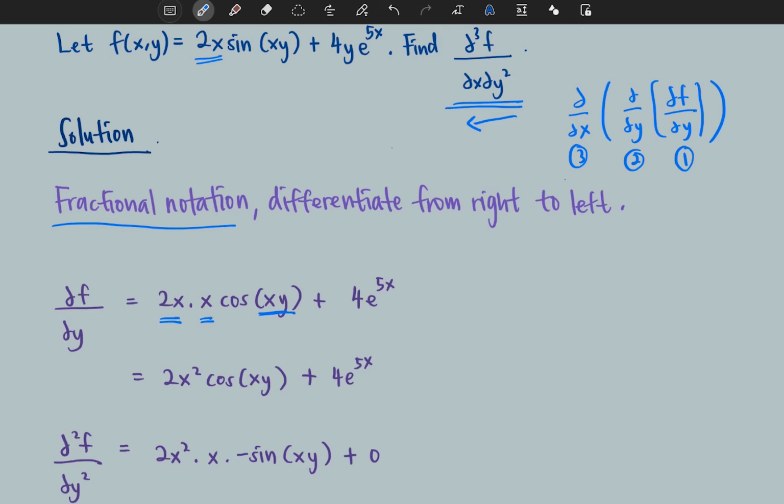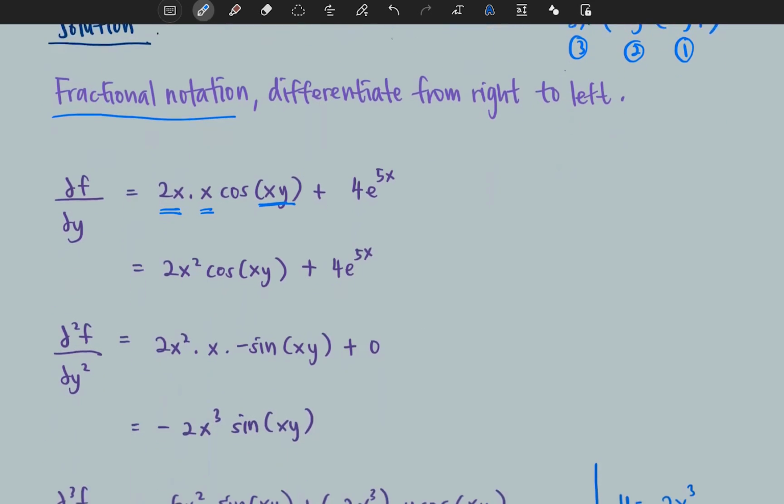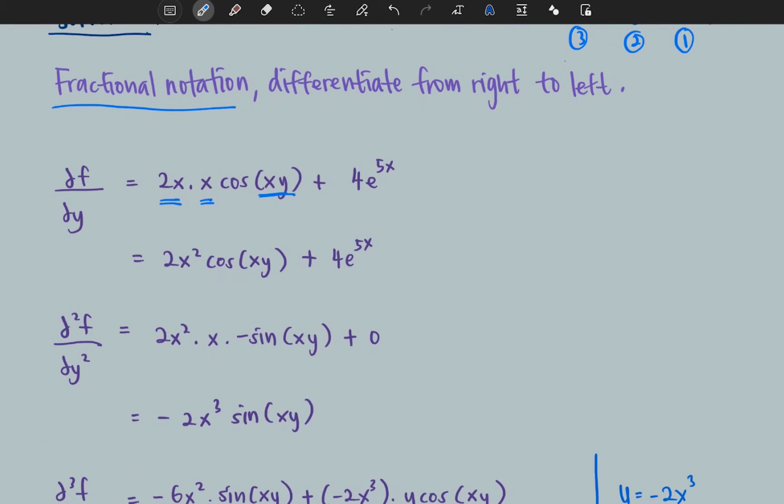Nothing is going to change for the angle. And then next plus 4 exponent 5x, because we differentiate y, we're going to get 1. So that means 4 and exponent 5x will be assumed as constant. Okay, and then simplify, your final answer would be 2x squared cos xy plus 4 exponent 5x.